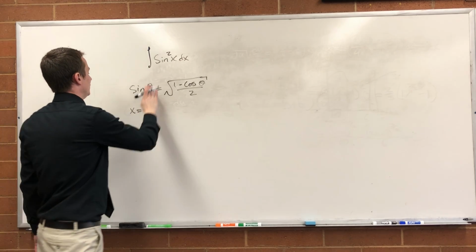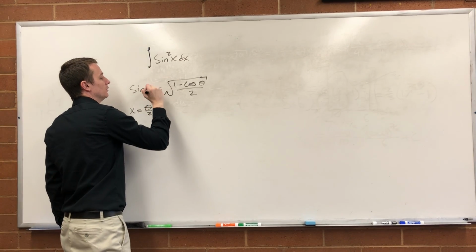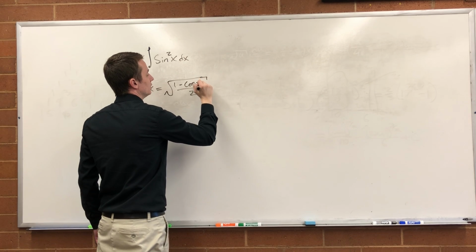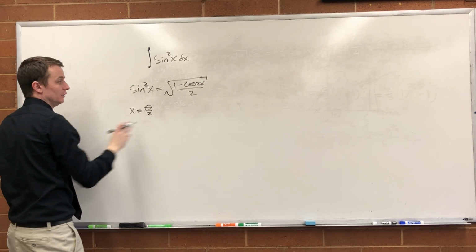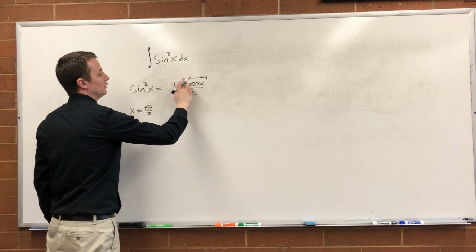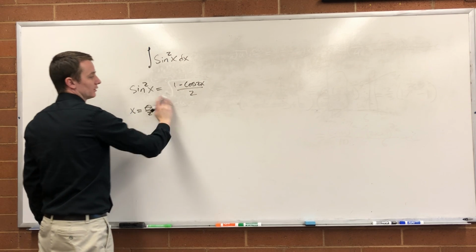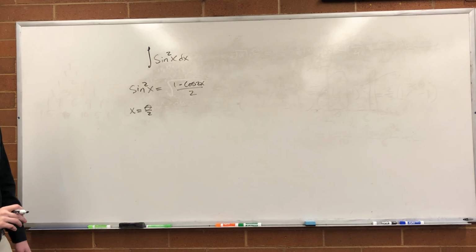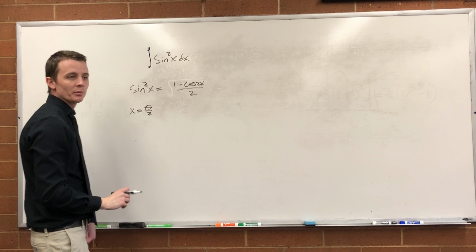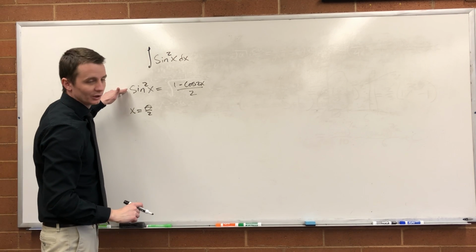So I'm going to go back to putting this as an x, and this is a 2x. So sine squared of x then is equal to that. I just squared both sides. This is the way the author wrote the identity.